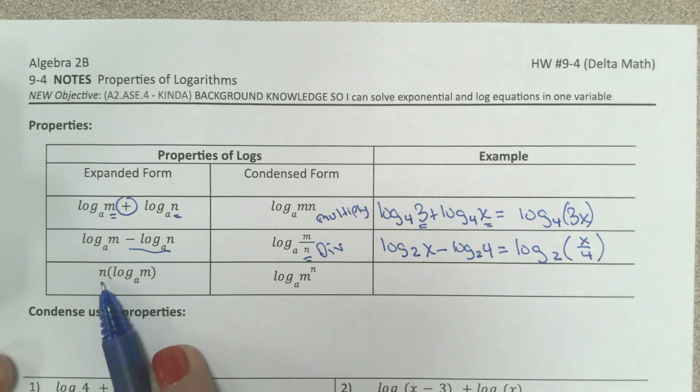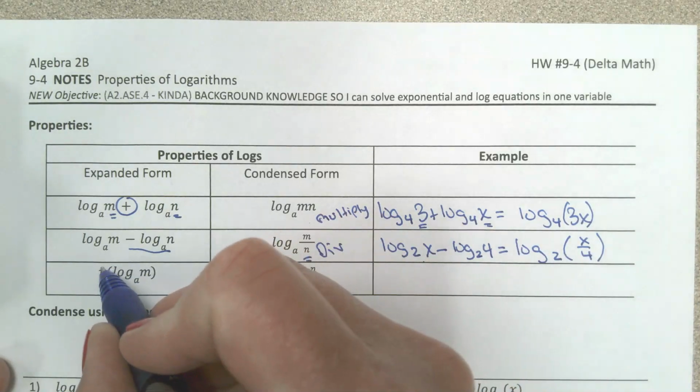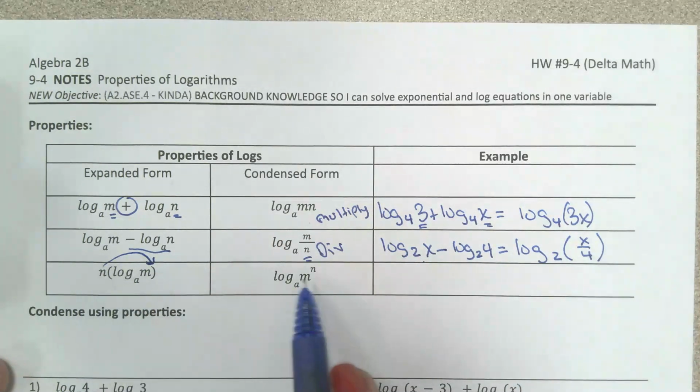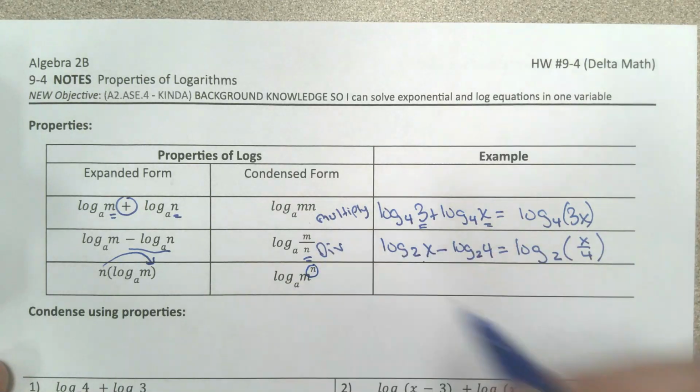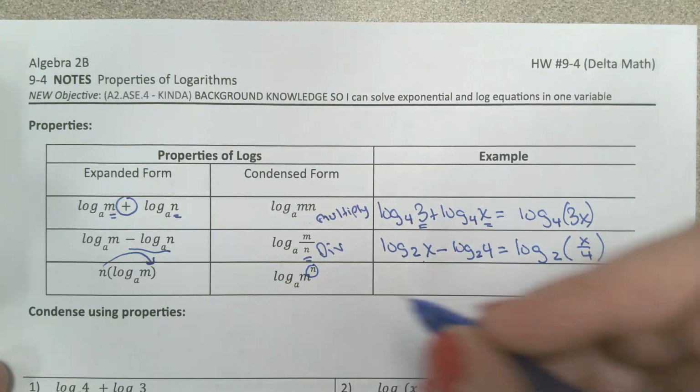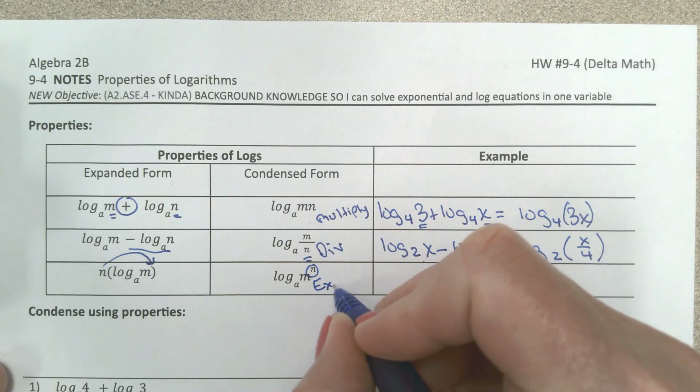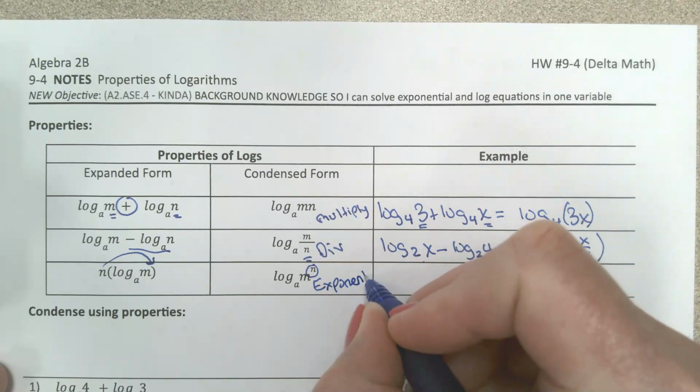If you have a number or a letter in front of the log, this is multiplication. Multiplication, you're going to take that number out in front and it moves to the back and becomes an exponent.